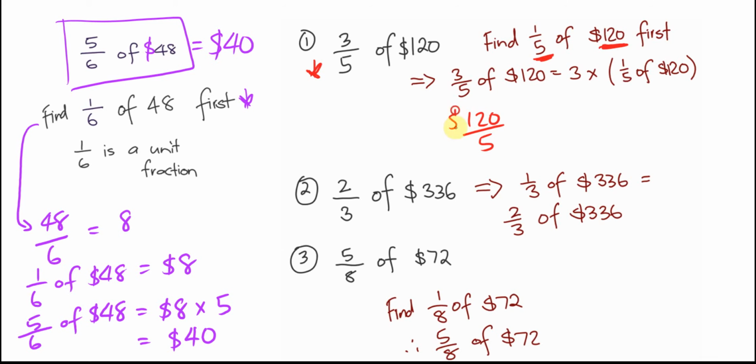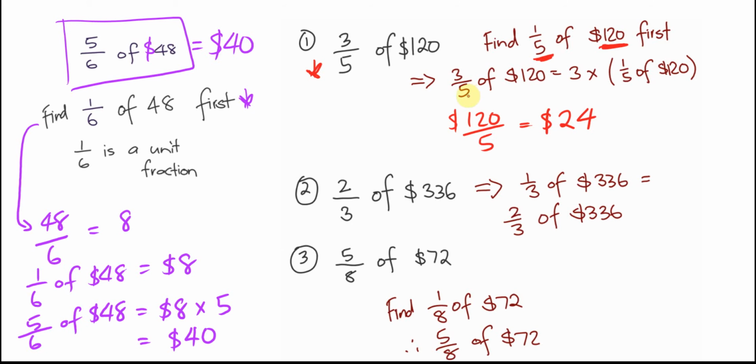So $120 divided by 5, work that out, you get 24. So 100 divided by 5 is 20, 20 divided by 5 is 4. So $24 is 1/5 of 120.